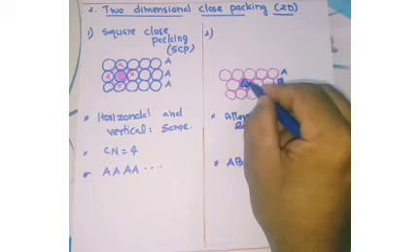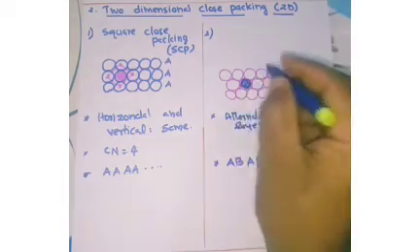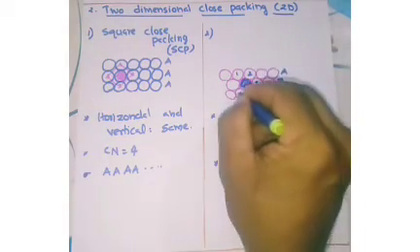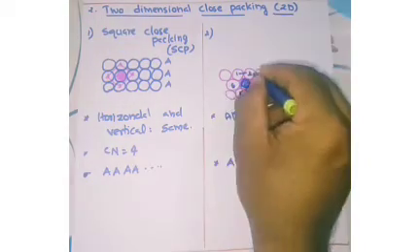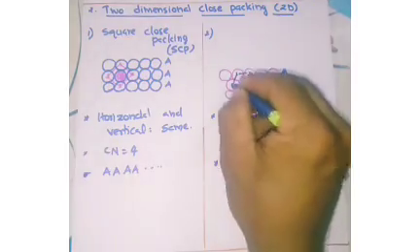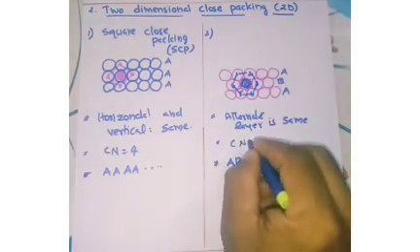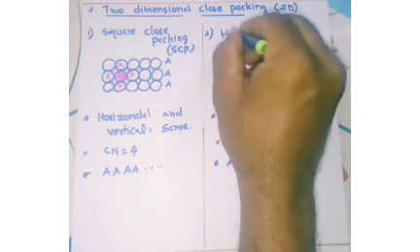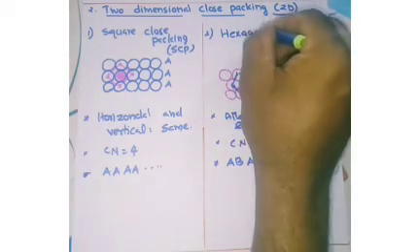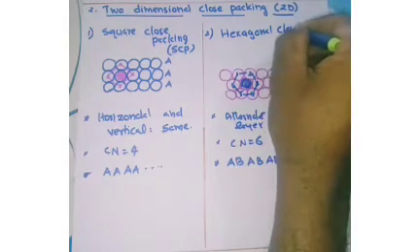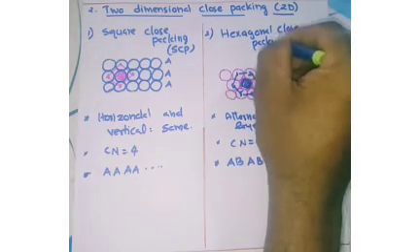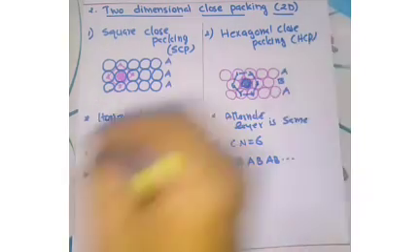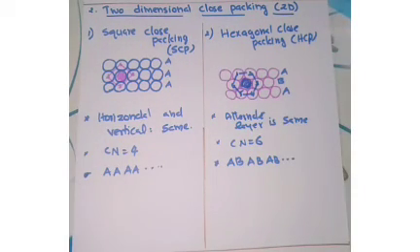Then how many touching spheres are present around the considered sphere? 6. Then its coordination number is equal to 6. This structure is similar to that of a hexagon, so this is called hexagonal close packing, that is HCP. Okay, this is something about two-dimensional close packing.